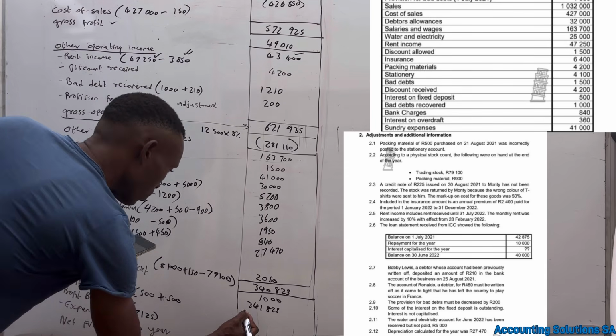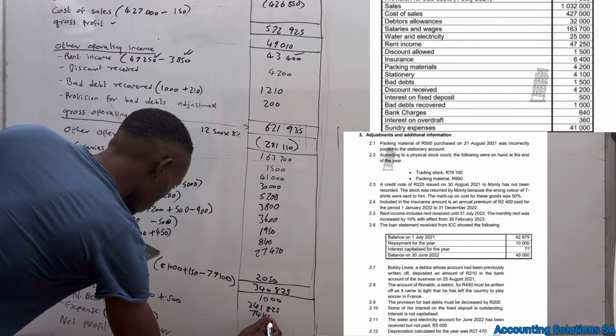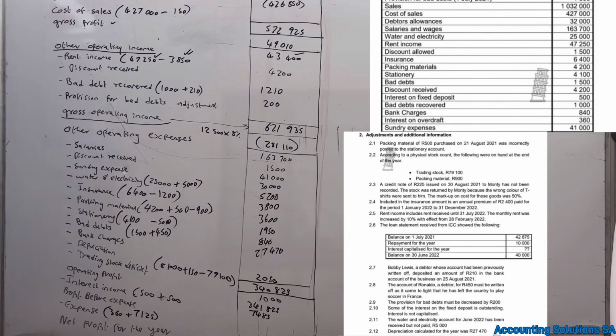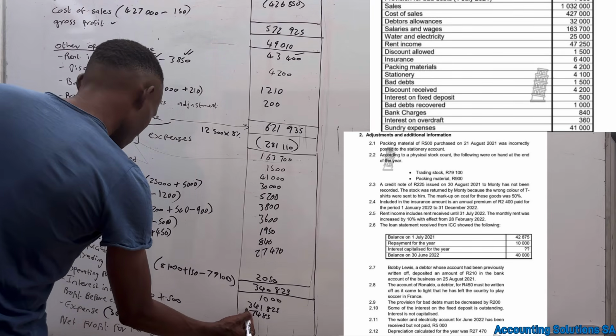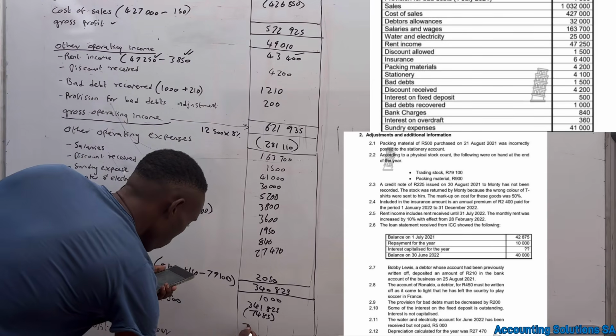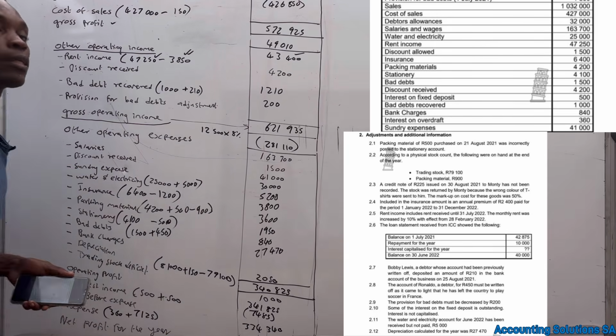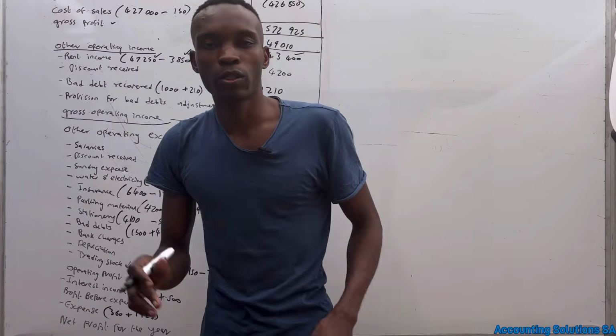Then after that it's gonna give you 7,485. Then after that now you have to subtract, because this one is an expense. Then you will get profit of the year of 334,340. Just like that. That's how you should do it, guys.